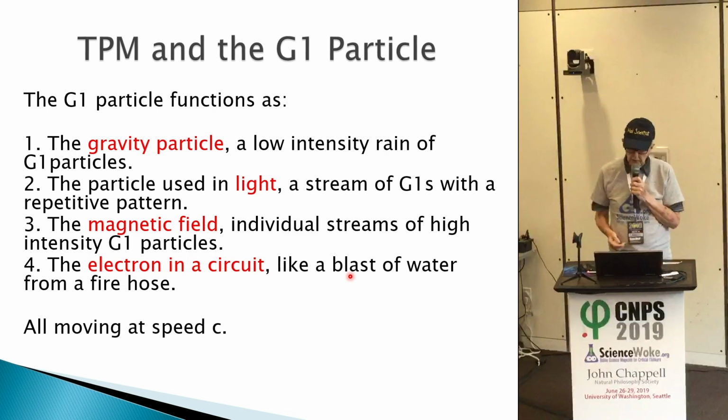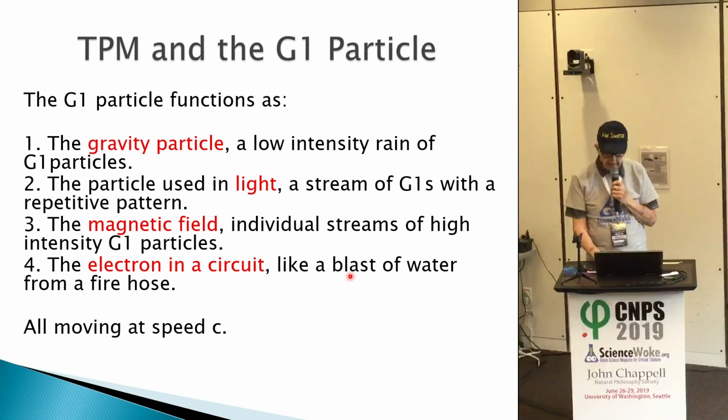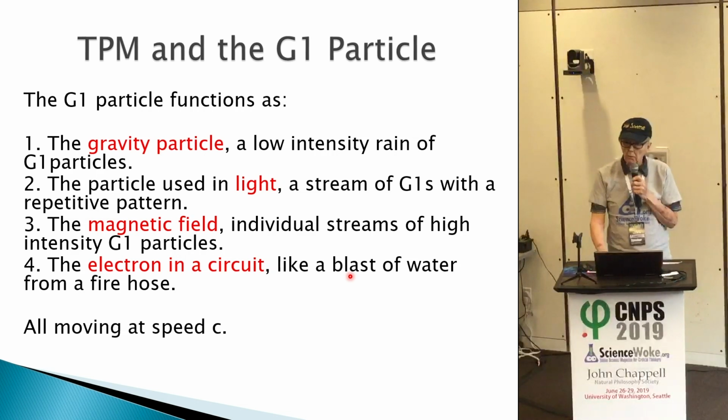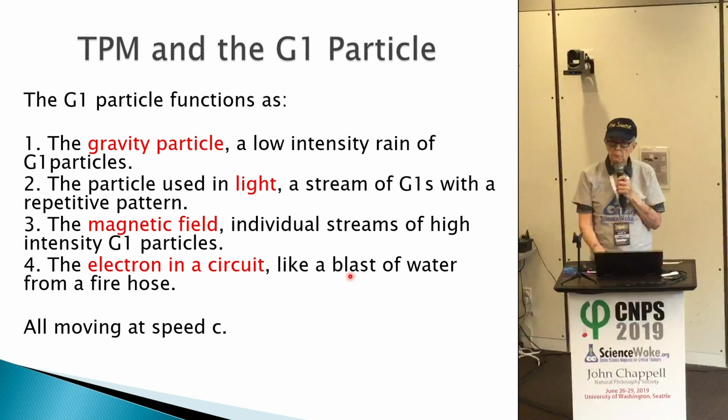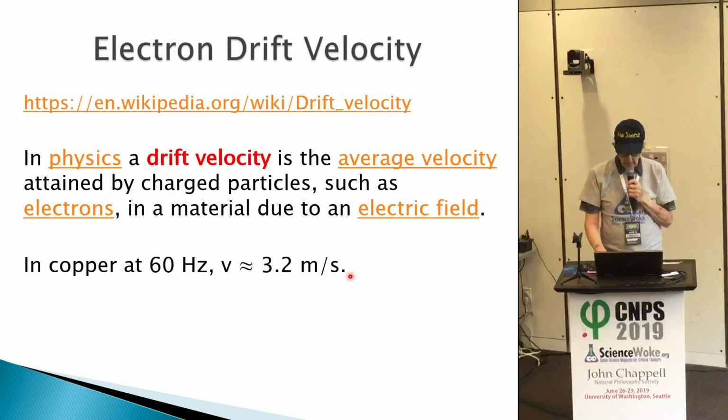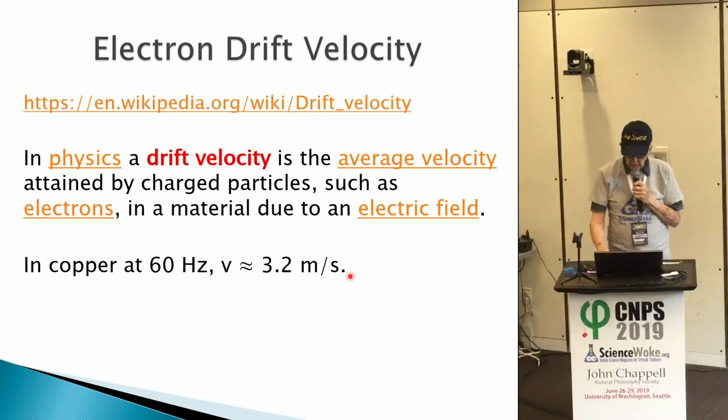And finally, as in this talk, it's used in the circuit like a fire hose, a blast of G1 particles just plowing its way through the circuit, all moving at speed c. The overall speed of the wave is probably slower only because of its path, because it probably never goes in a precisely straight path.